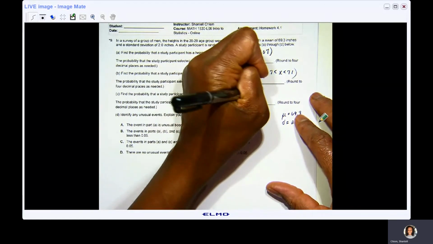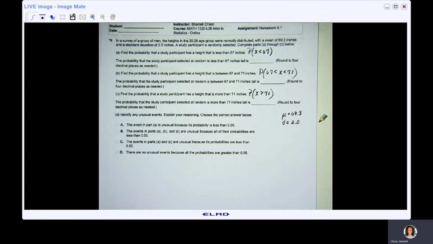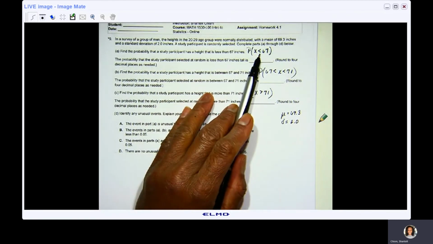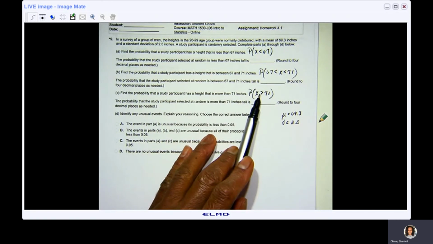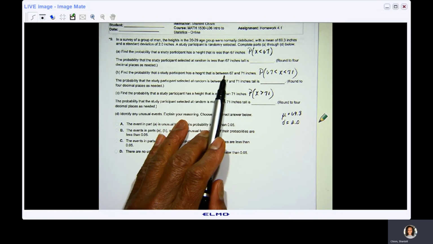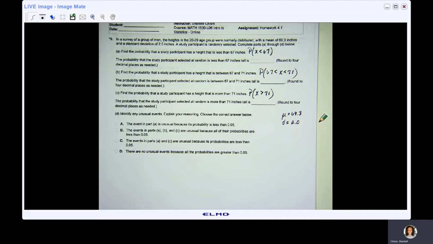So probability that X is greater than 71. It is so important that you can translate these correctly. Less than, translated to that less than inequality symbol. More than, translated to that greater than inequality symbol. And part B uses the word between, where X was between 67 and 71.